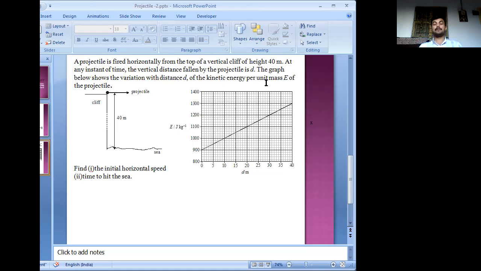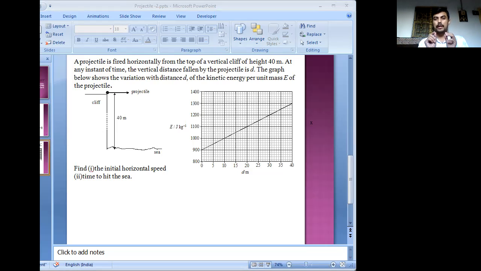So initial vertical velocity is zero. If that is the case, now take a look into this graph. It is interesting to note that they have given you a graph of kinetic energy per unit mass. Now you know what is kinetic energy. It's half mv square. So if it is per unit mass, you definitely get half v square. So there you have been given an expression of how v square varies with vertical displacement.